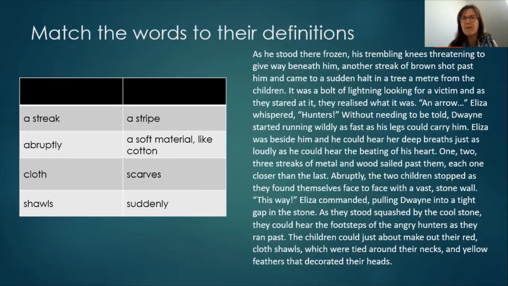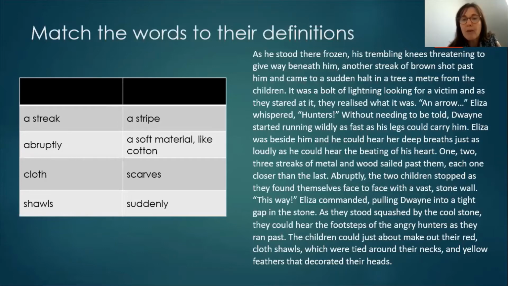Would they be made of metal and wood? No, that doesn't make sense. Suddenly? No, that doesn't make sense. So my guess is that it is something to do with something that's like a stripe. So let's put that in and see if it makes sense. 1, 2, 3 stripes of metal and wood sailed past them, each one closer than the last.